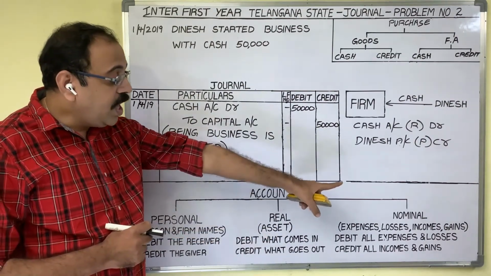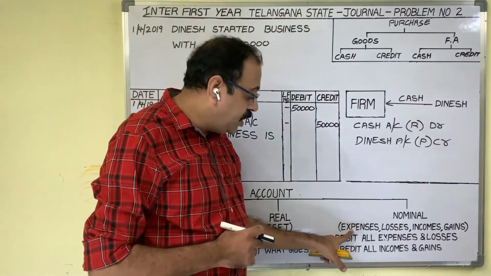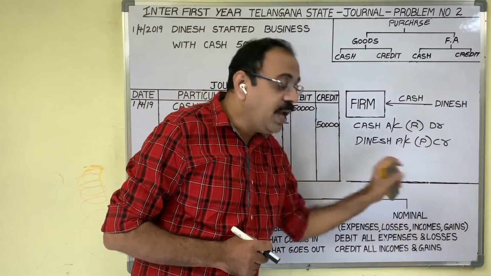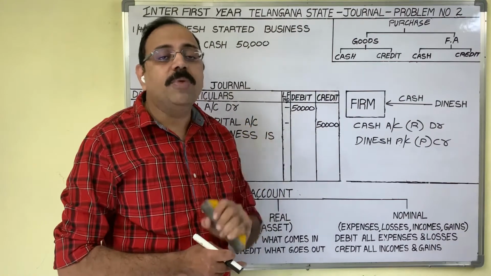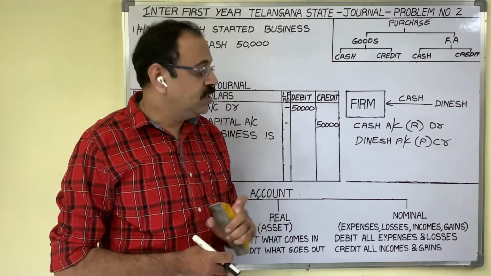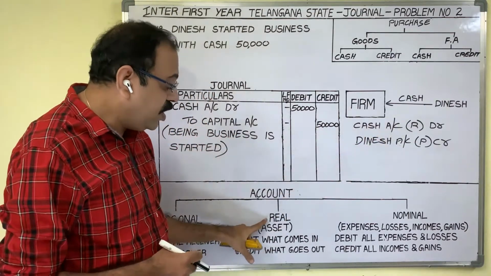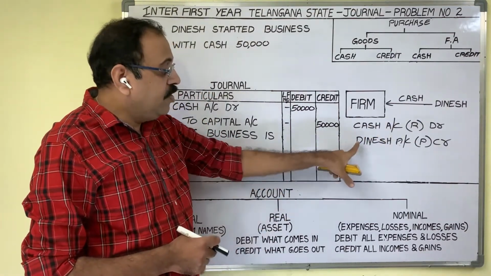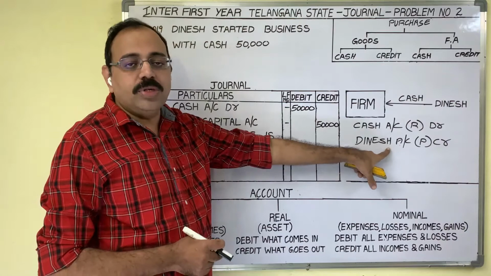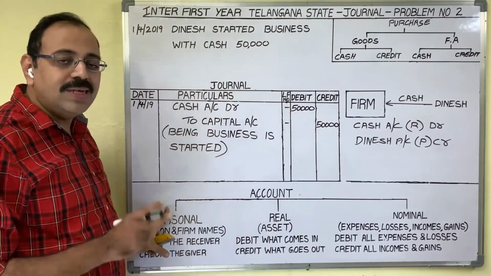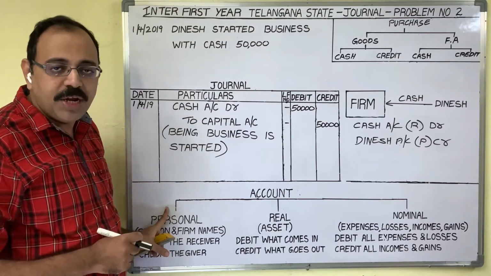And if any account is opened with an expenditure name, loss name, income name, or gain name, it is a nominal account. Cash account: cash is an asset, therefore it is a real account. With the person name we opened the account, Dinesh account. It is a personal account. Second step, grouping, is completed.